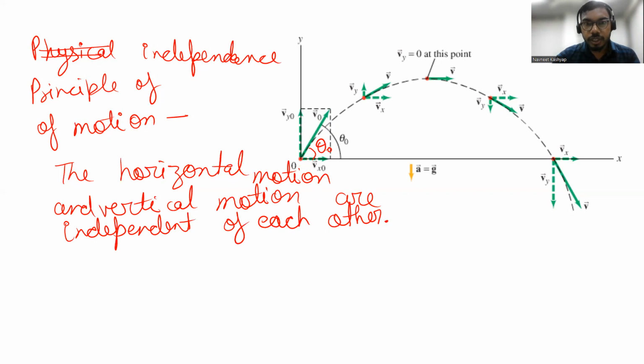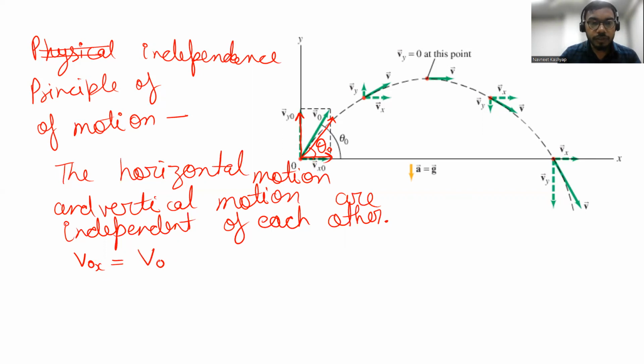If we see this velocity is at some angle, we can convert this initial velocity into two components, one along the horizontal and one along the vertical. The vertical component and horizontal component can be denoted by V naught y and V naught x respectively. So what is V naught x?